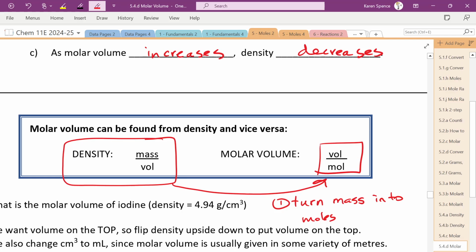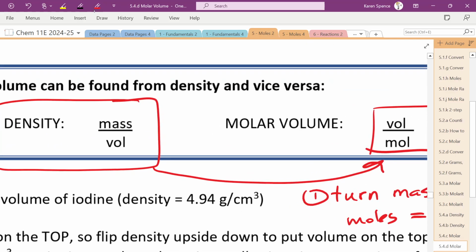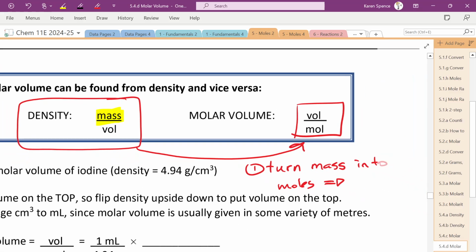So if I turn mass into moles, now I no longer have mass, I'm going to put moles there. So that'll give me moles over volume. So that's step one. What would we have to do next?